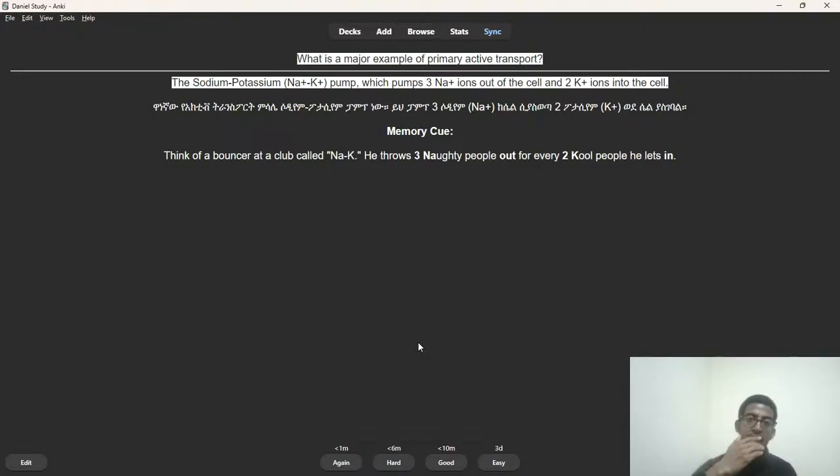Sodium is pumped out of the cell and potassium is pumped in. Think of a bouncer at the club. He shoves three naughty people out for every two cool people he lets inside. So he gets rid of three of them and lets two cool people in. So potassium, it is good.